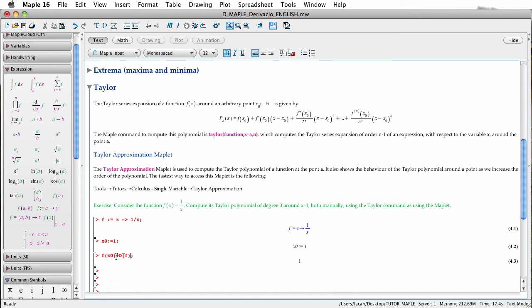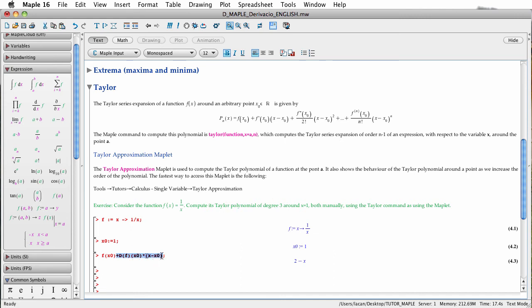Then the derivative evaluated at x0, so I use the d because it's faster, times x minus x0, x minus 1. So now I get the tangent line at point x0. This is the tangent line at the point x0. So the first order Taylor polynomial coincides with the tangent line.